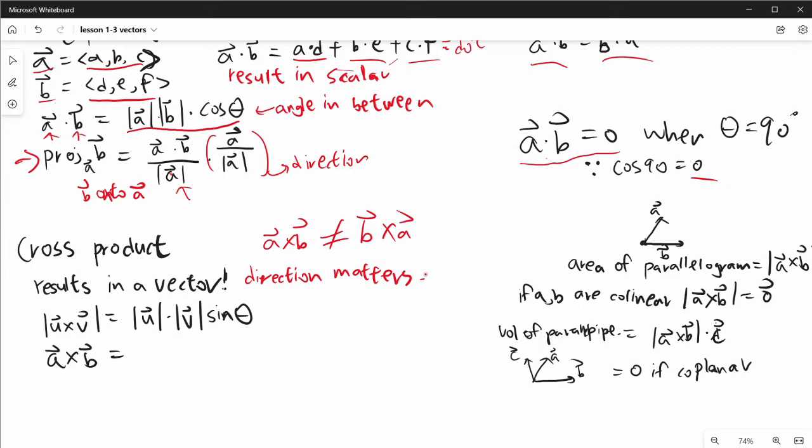The first definition of cross product is that the length of the cross product is the length of each vector times the sine of theta, which is also the angle between. This is another way you can calculate the angle between when you're given two vectors.